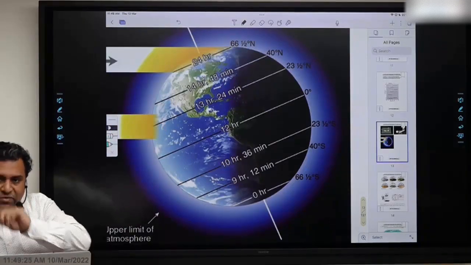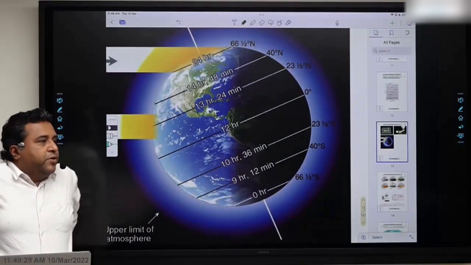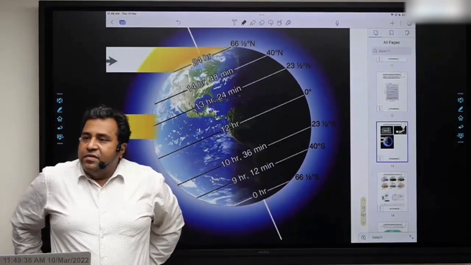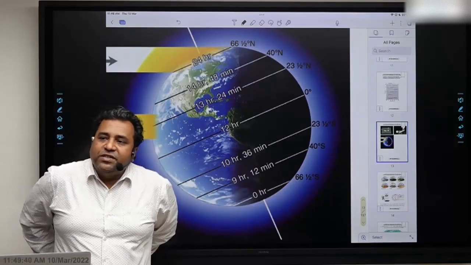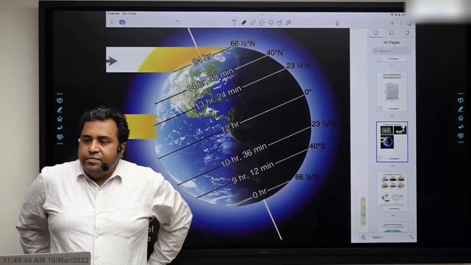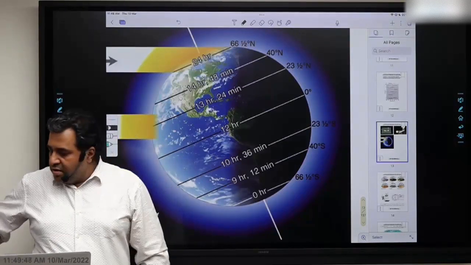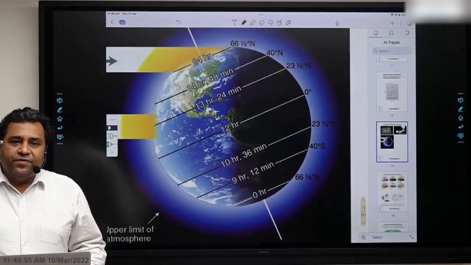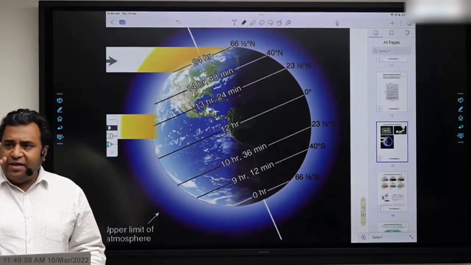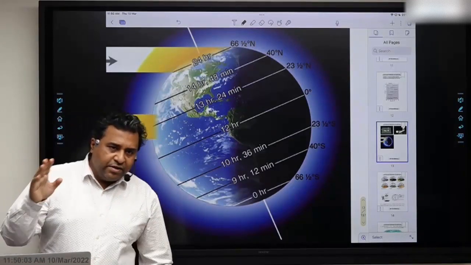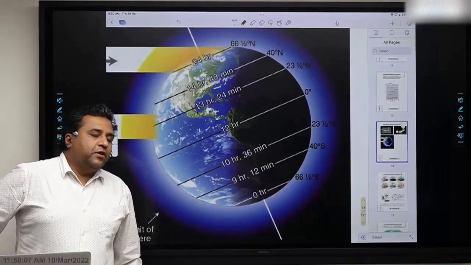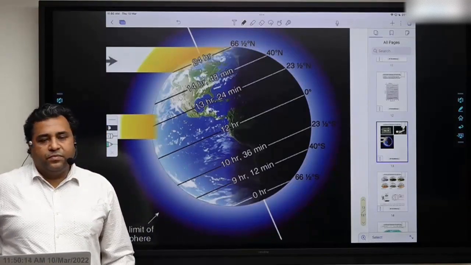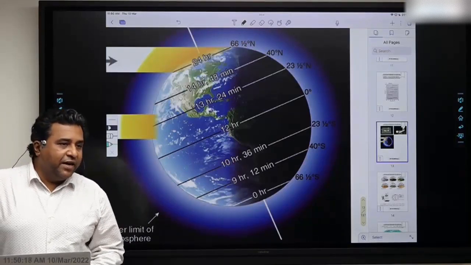So should we write this? You can write: because the earth is spherical, if we do not consider the tilt of the earth with respect to the sun, which means the earth is at 90 degrees with respect to the sun, then the equatorial region will get perpendicular sunlight, high intensity.